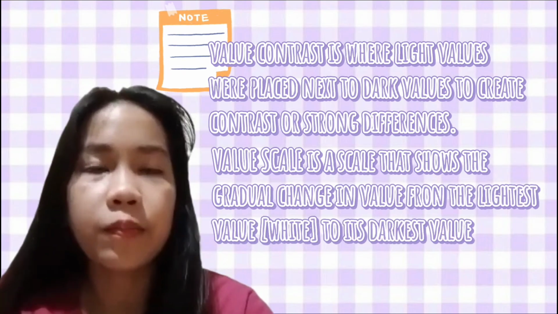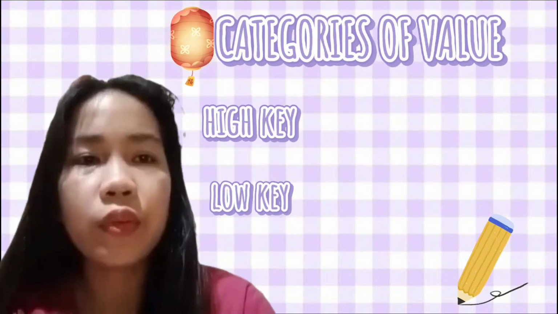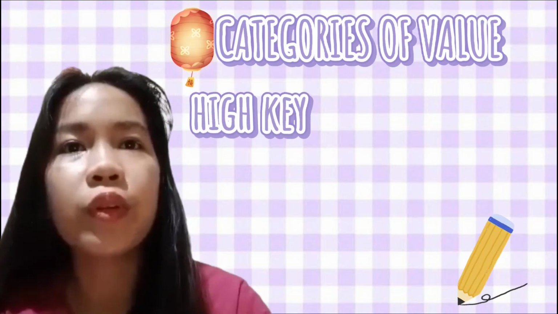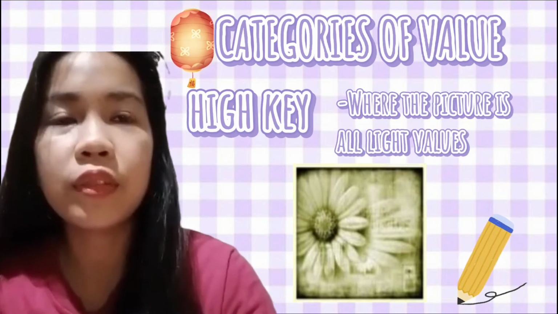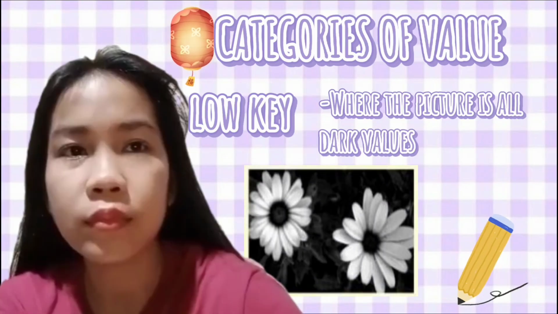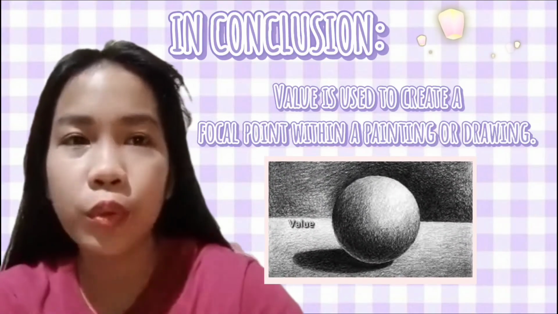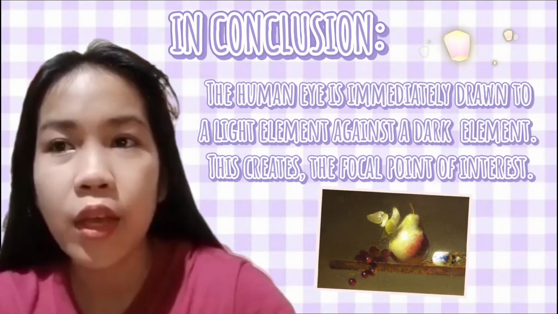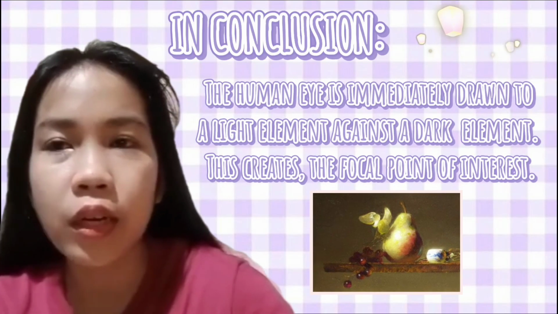So, we have the high key and low key of value. High key is where the picture is all light values, and low key is where the picture is all dark values. In conclusion, value is used to create a focal point within a painting or drawing. The human eye is immediately drawn to a light element against a dark element.